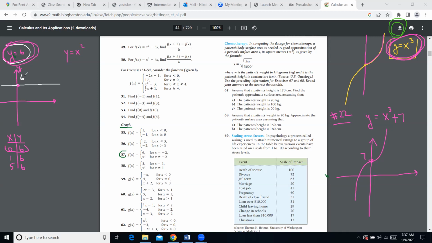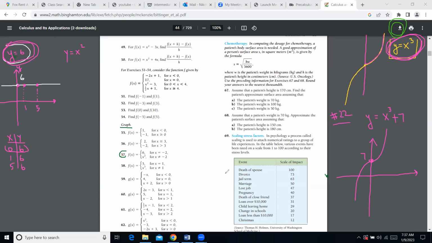That's the first point. The next point will be someplace here with coordinates 1 for x, and then 6. The next point will be someplace probably up here with x equal to 5, and then 6. So all of these points are going to be on the same horizontal line.